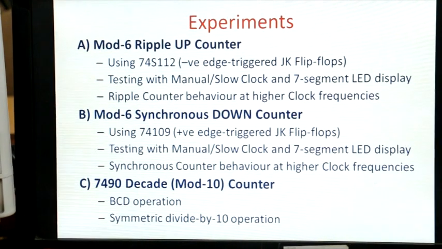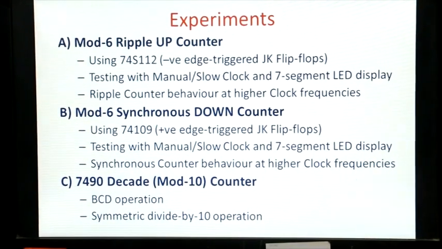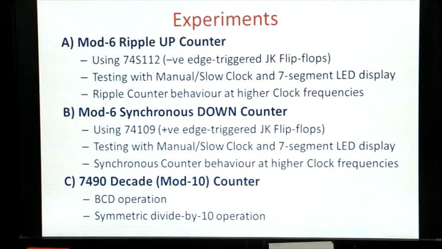We will be using 74S112, which we used in the previous experiment last week when we did the JK flip-flop and toggle flip-flop. This is a Schottky TTL flip-flop, therefore it's very fast.